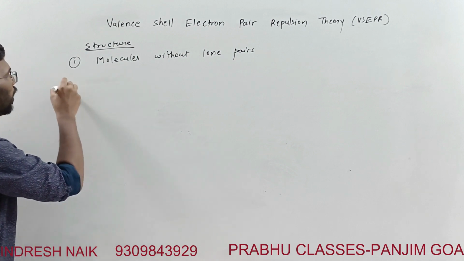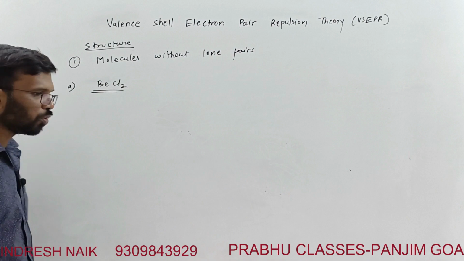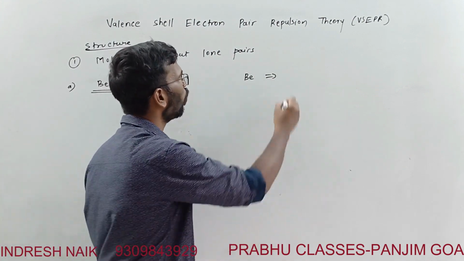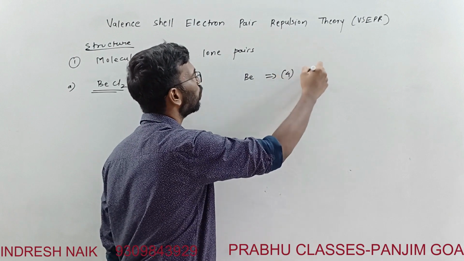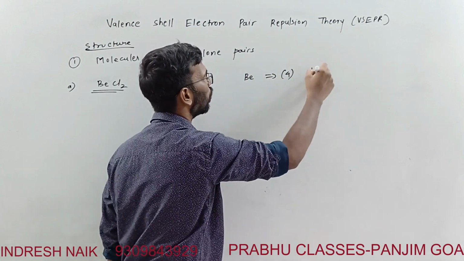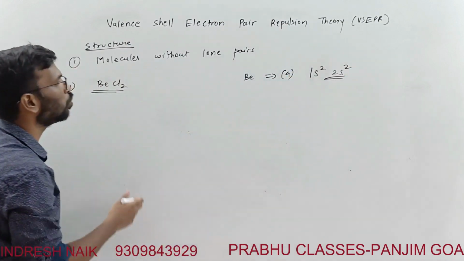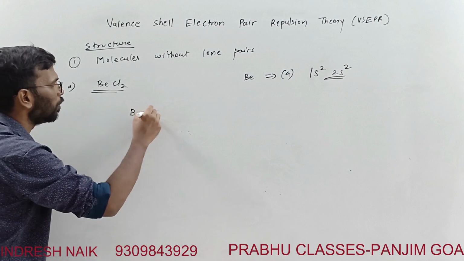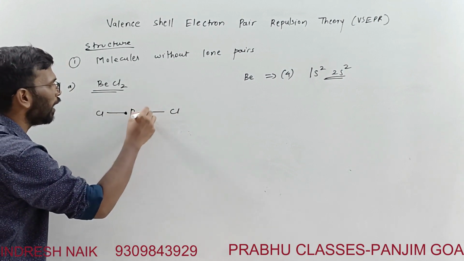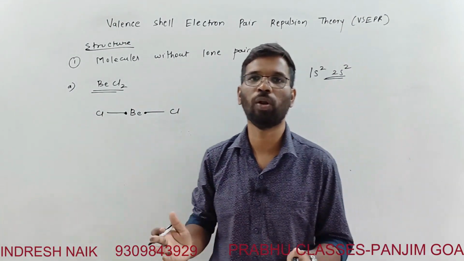Beryllium has atomic number 4, and its electronic configuration is 1s2, 2s2. So the valence electrons of beryllium are 2. This is beryllium, and these are the two chlorines. Both electrons of beryllium are utilized for bonding, so there is no lone pair on it.